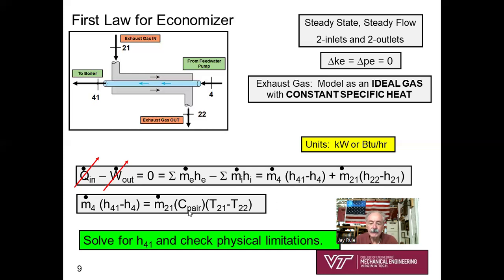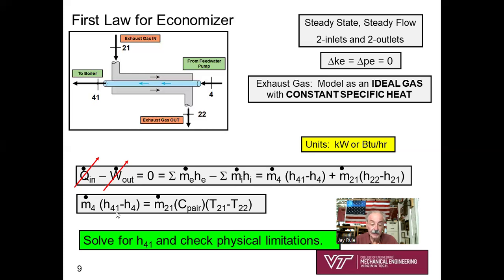So somehow by hook or crook, I'm going to find a value for c sub p for the exhaust gas. So I may look up Cp for air times delta T, T21 minus T22 to get my signs right, okay? And so those temperatures will be known, and that's going to enable you to solve for h41.